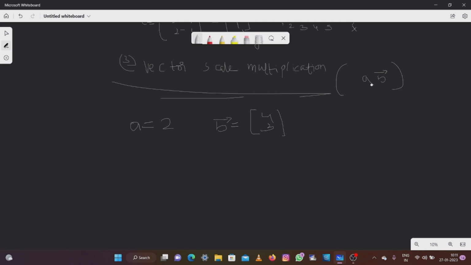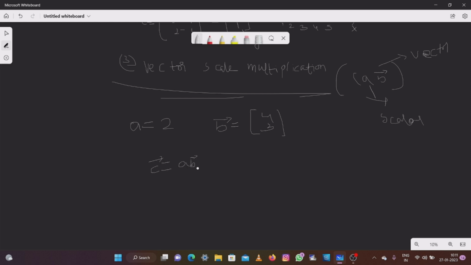This is a formula where a is a scalar and b is a vector. So we perform the operation of multiplying a scalar and a vector: find c bar equals a into b bar.